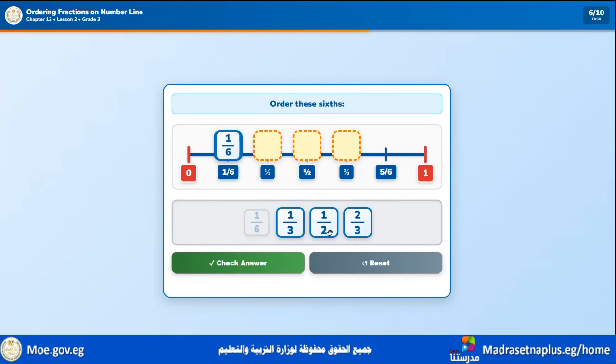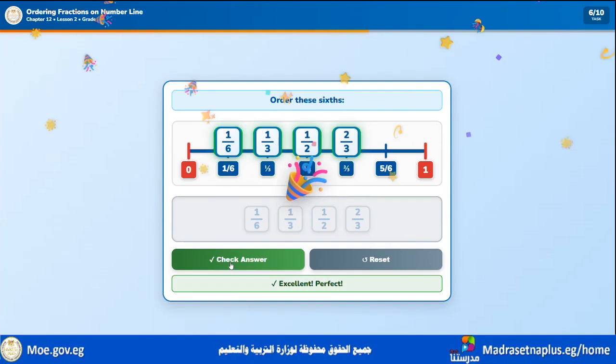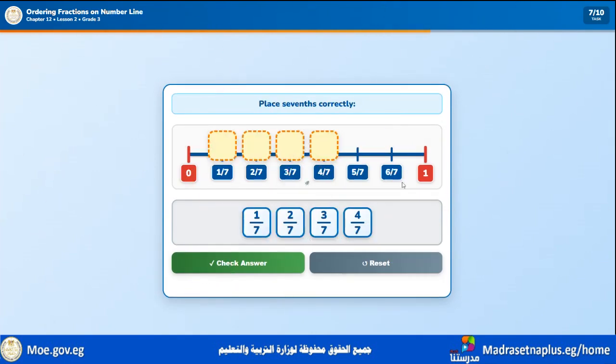I think we got it before. It's easy to arrange fractions by using a number line.